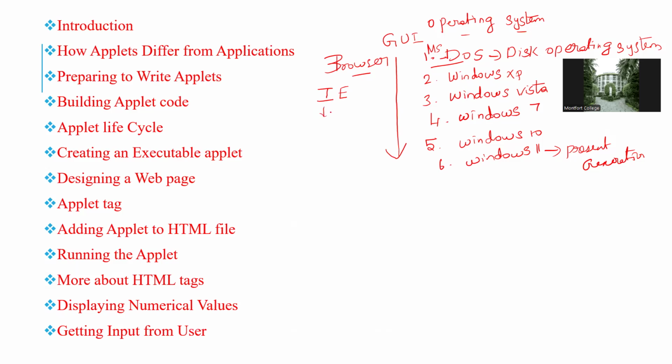IE means Internet Explorer, the first browser from Microsoft, which is capable of executing applets.